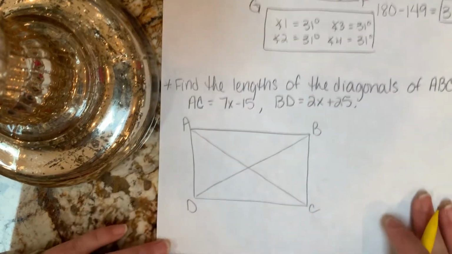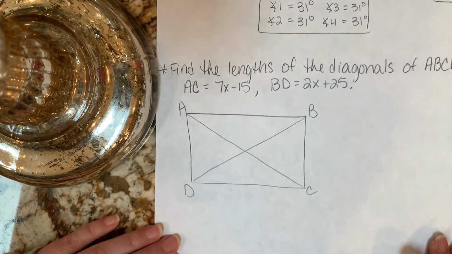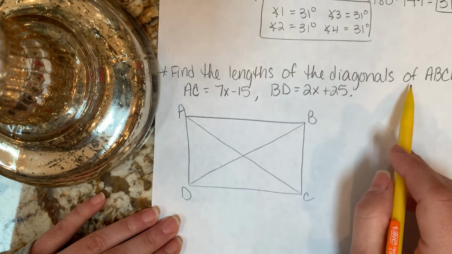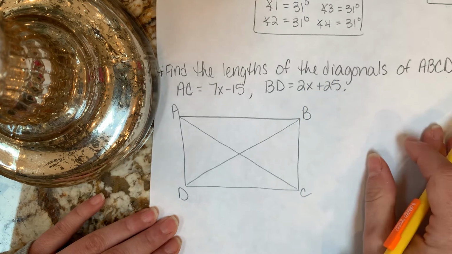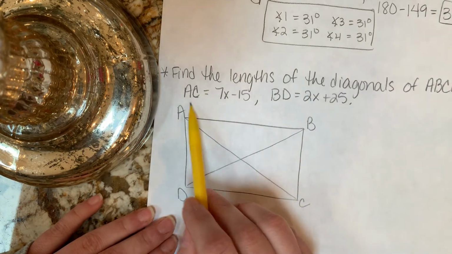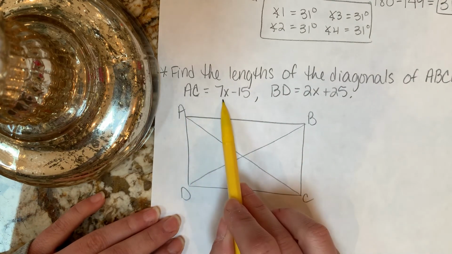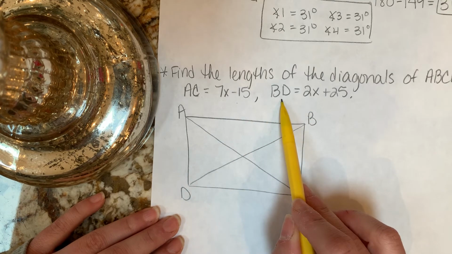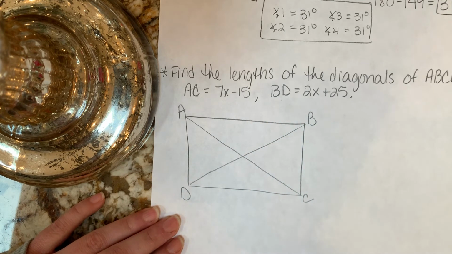Your next example is not a rhombus, it's a rectangle. We're going to find the lengths of the diagonals of ABCD. It tells you that AC equals 7x minus 15 and BD equals 2x plus 25.